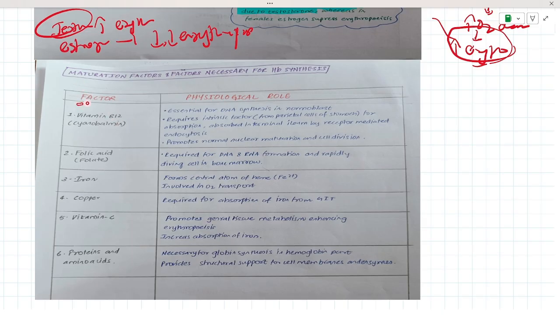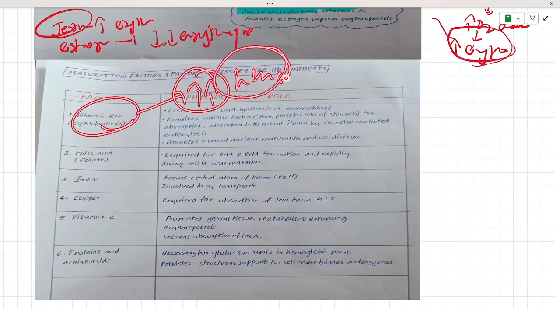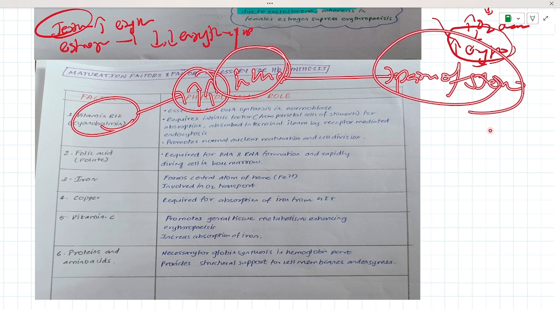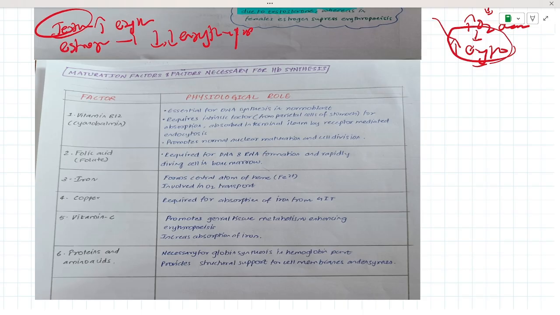Now, the factor vitamin B12. This vitamin B12 increases DNA synthesis in normoblasts, and it requires intrinsic factor for its absorption. Vitamin B12 is absorbed into our body, and it requires intrinsic factor. This intrinsic factor is released by parietal cells of the stomach. You'll be studying this in gastric physiology, that is the GIT physiology.